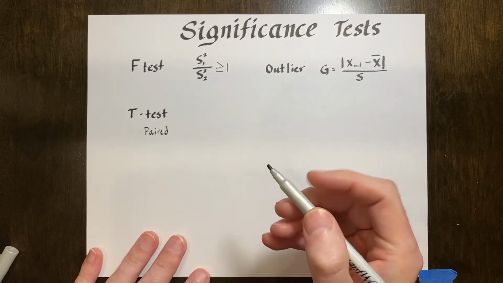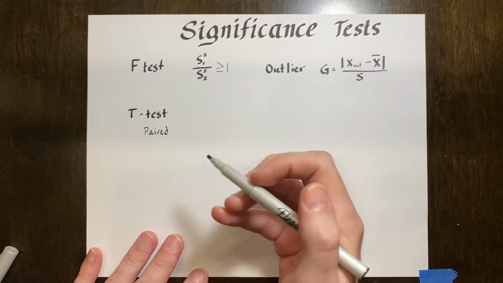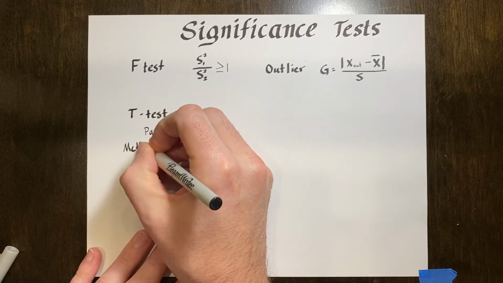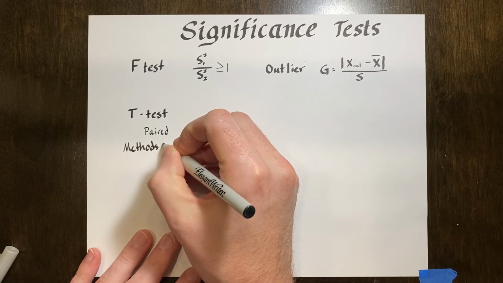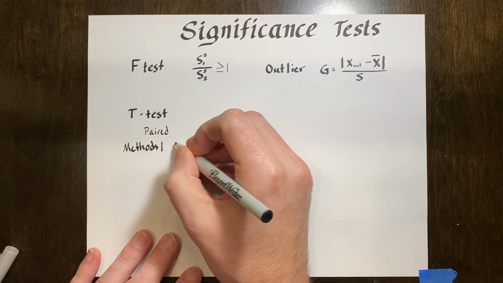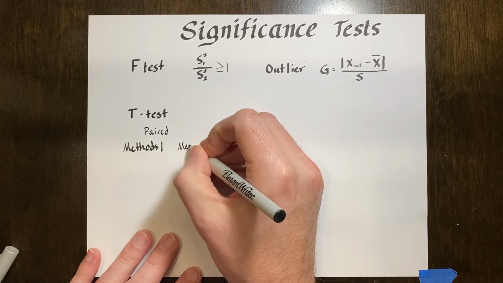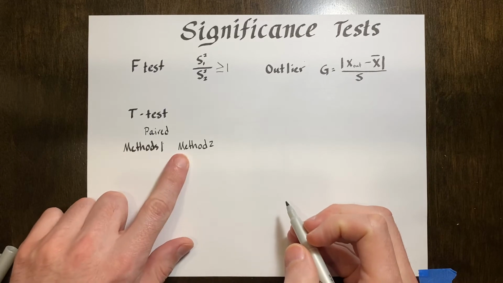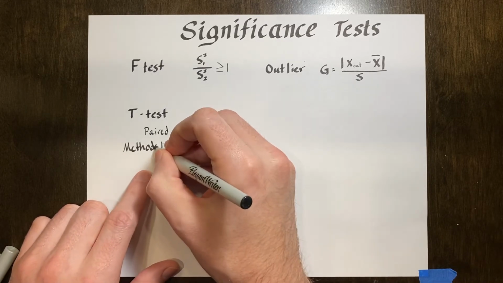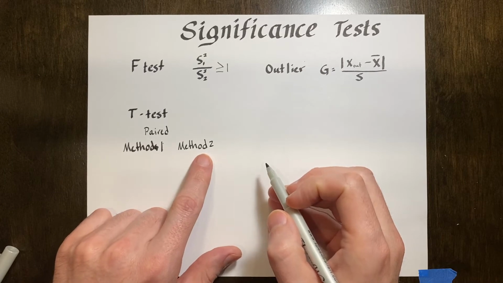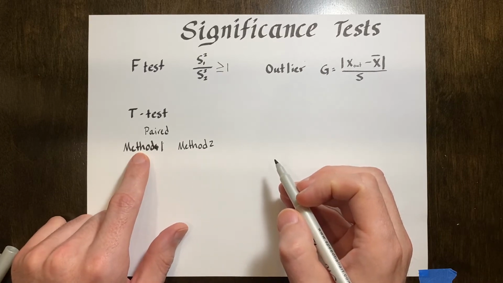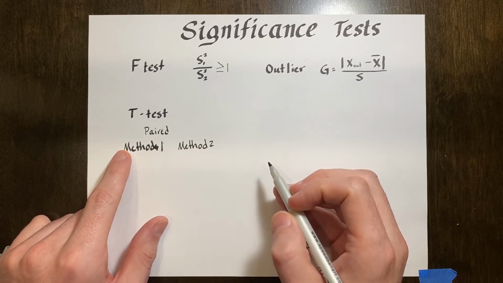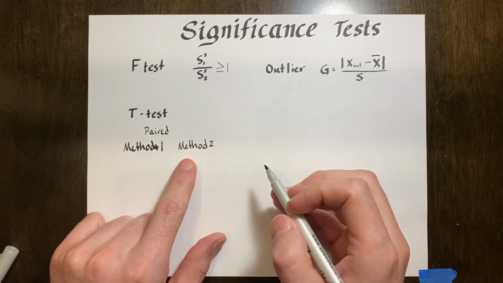An example of the use of a paired t-test would be having two different methods. Method 1 and method 2. And we're going to compare method 1 and method 2. So this could be a balance and another balance, or this could be a gravimetric method with a spectroscopic method.